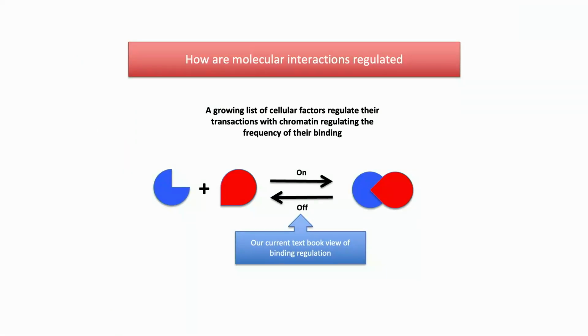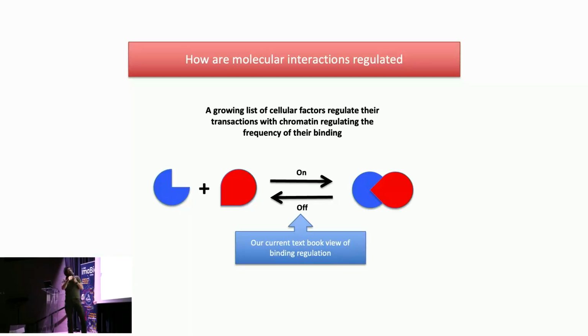So, so far what I really want to stress is to pay a little bit of attention, and this is really something that has been triggered by this imaging of single molecules. Pay a lot more attention to the on rate, how often you bind compared to how strong you bind, which is really our textbook vision of regulation of macromolecular complexes in cells.